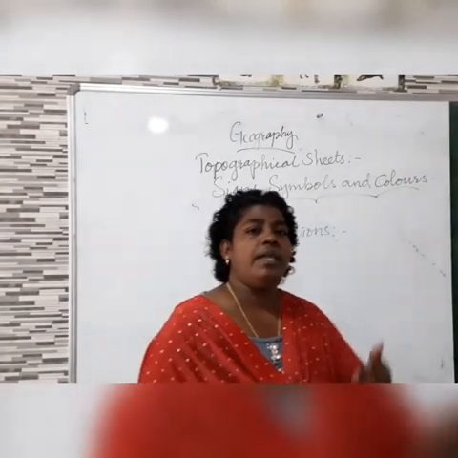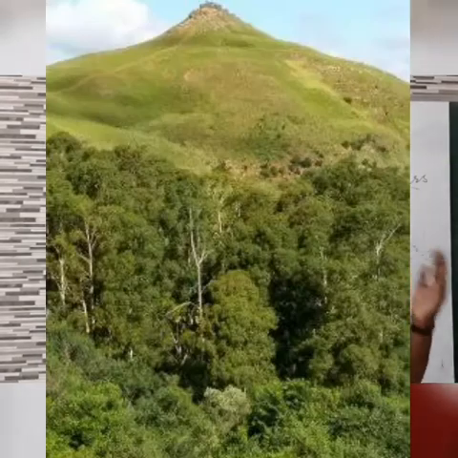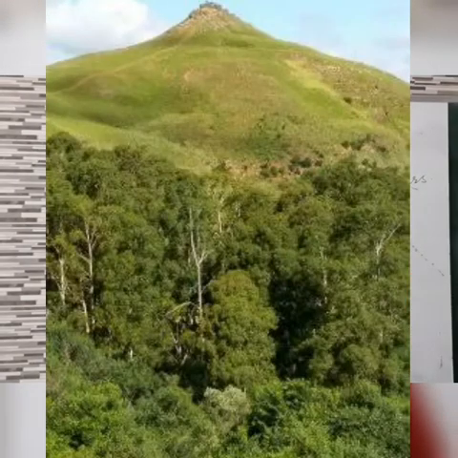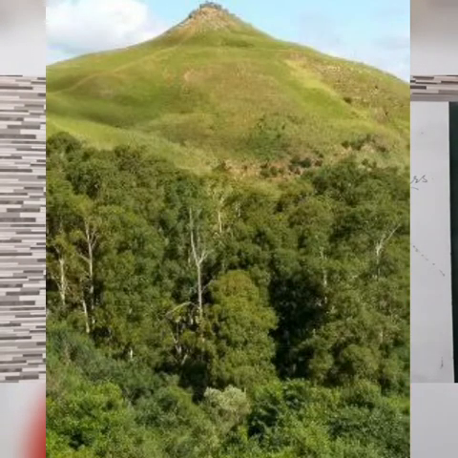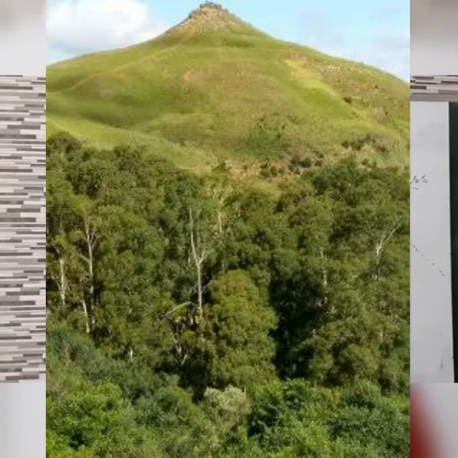Some land will be mountain, like a hilly area, some will be slope, some will be flat, and some will be plain. In different lands, different types of occupation are done. In different lands, different types of agricultural processes take place.